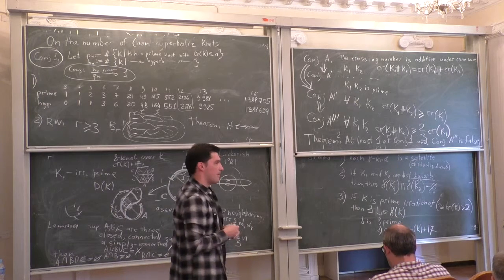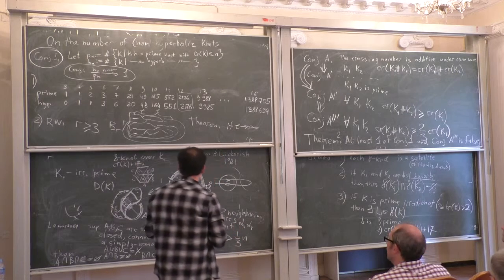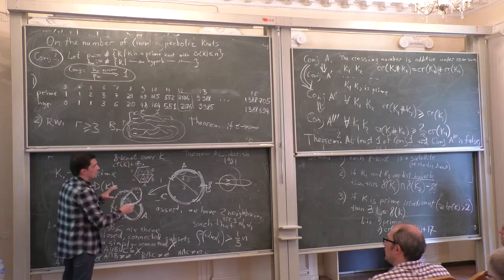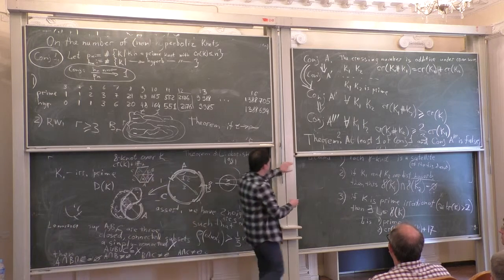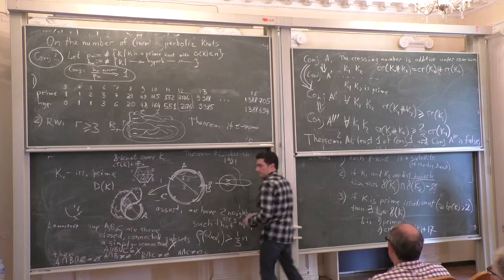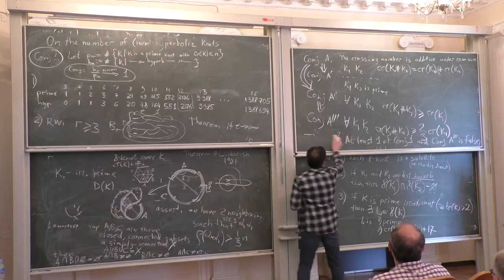Can you repeat once more where you used conjecture A prime? I used some weak conjecture.